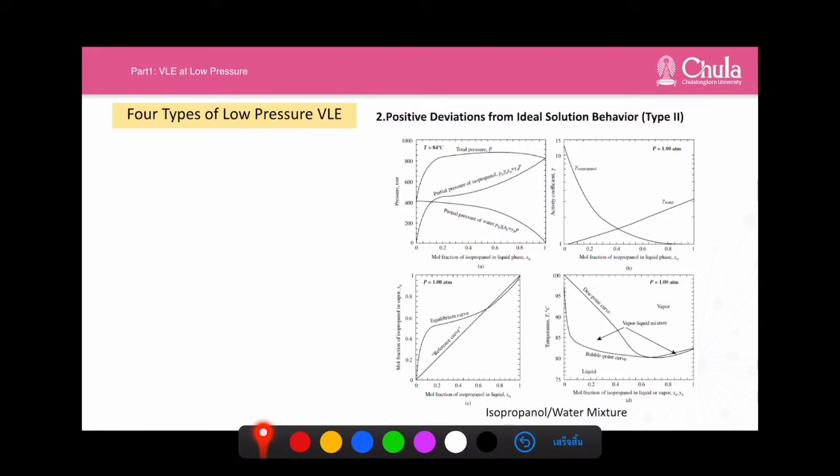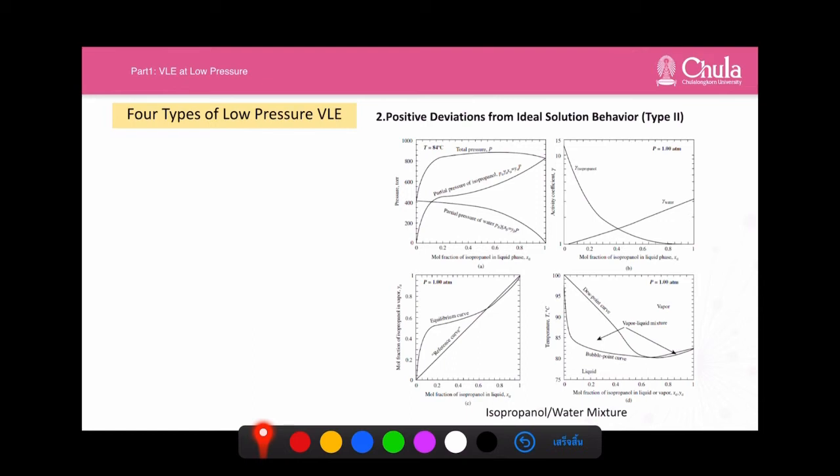So if we have a solution with an activity coefficient greater than 1, you see that the vapor pressure of each component in the solution is greater than what we can expect in the pure component.